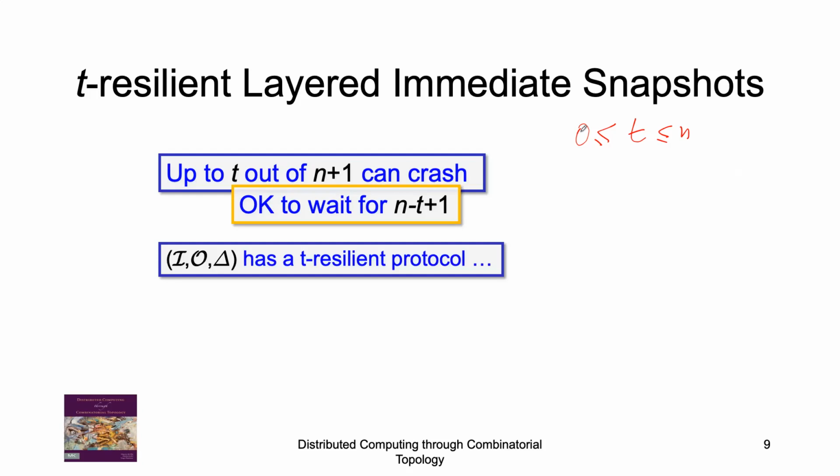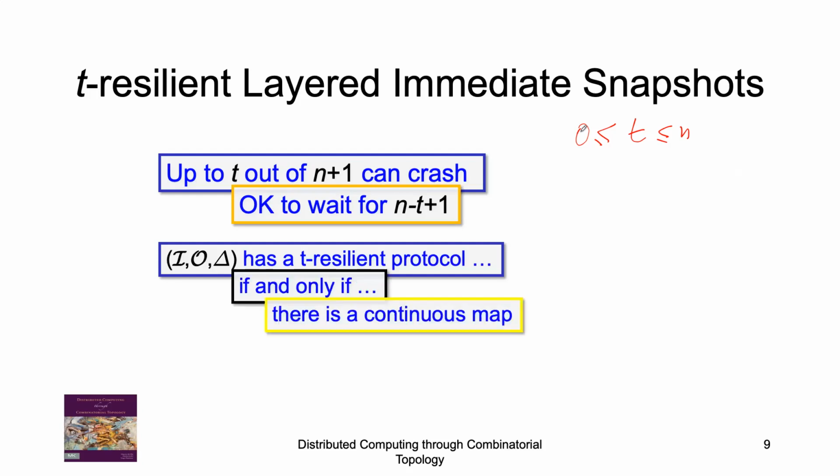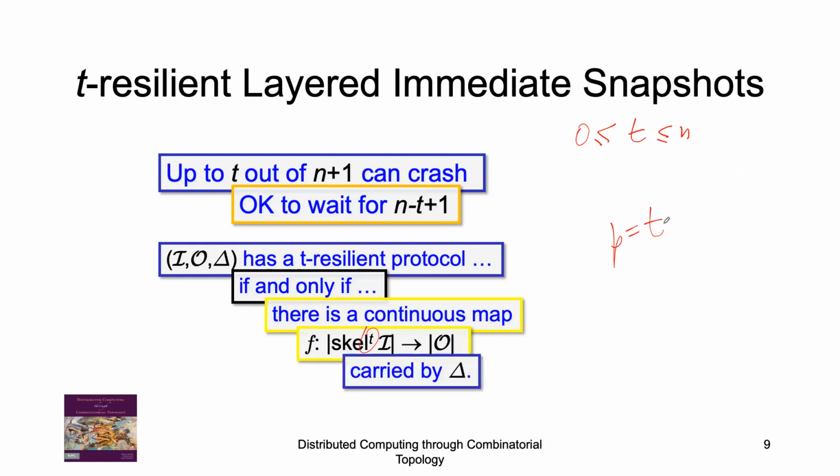The characterization is that you have a t-resilient protocol for a task if and only if there is a continuous map from the skeleton of dimension t. So now the parameter p is equal to t. The smaller the t, the more powerful the system, right? In the extreme case of t equals 0, you have the skeleton of dimension 0, which is the set of vertices of I, and the map carried by delta can be easily constructed.